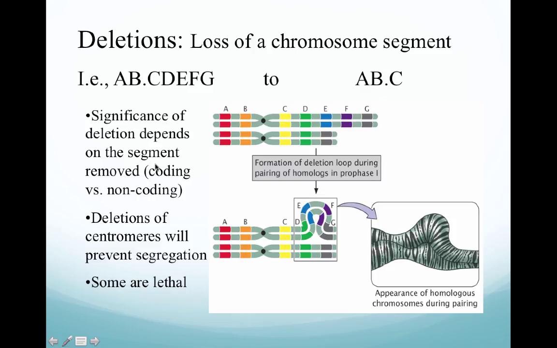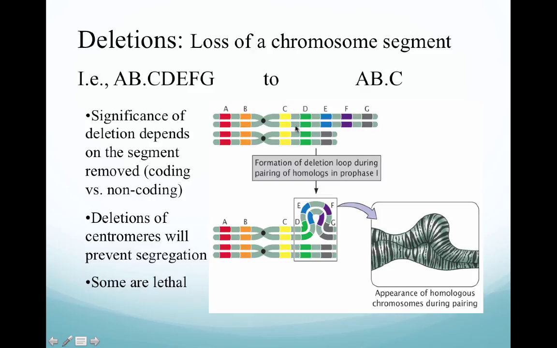So, depending on how serious the deletion is really determines how significant that coding region is going to be. If we have a gene that is going to be transcribing DNA material into messenger RNA and then translating mRNA into protein, then that is obviously a really important part of that chromosome.